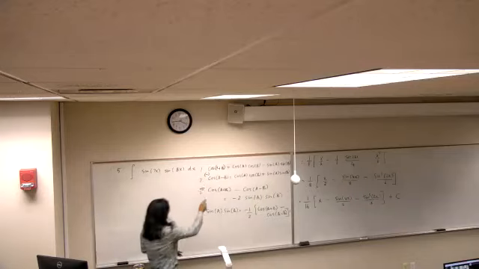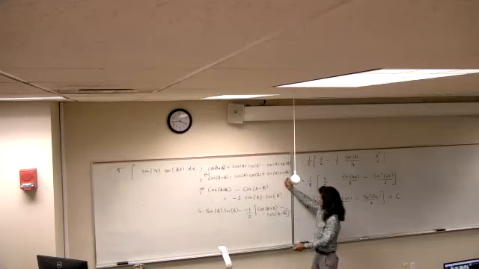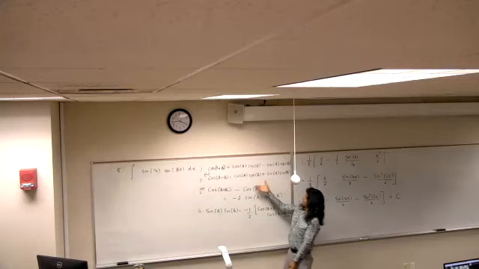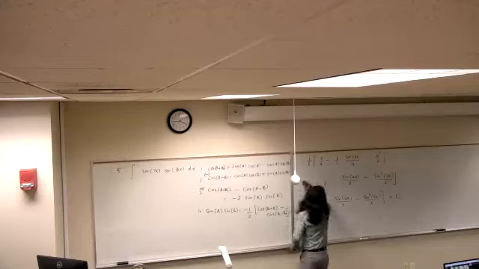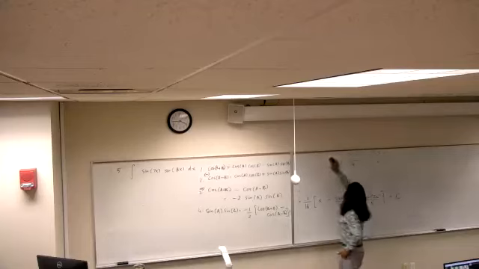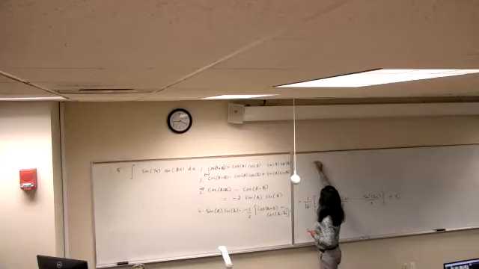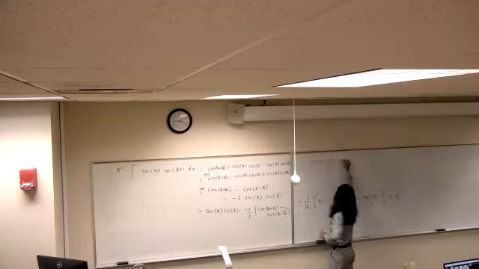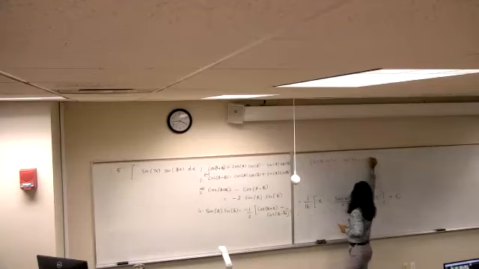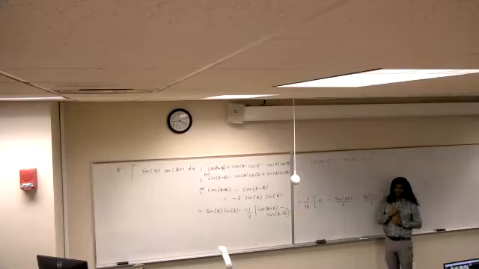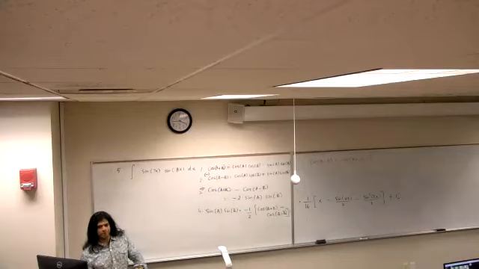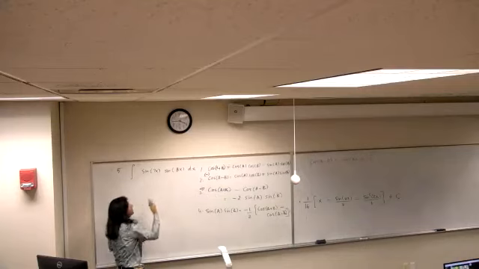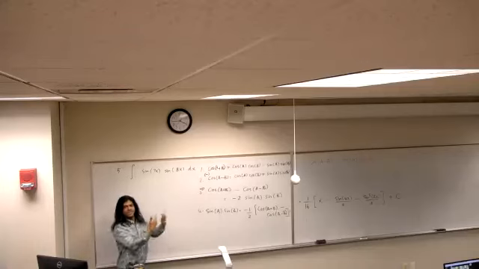If I isolated sine A sine B by itself, this has to go to the other side, then you would end up having cosine A minus B minus cosine A cosine B. You will plug it in here and it's just repeating the same process again, because you'd have the integral of cosine A cosine B form.